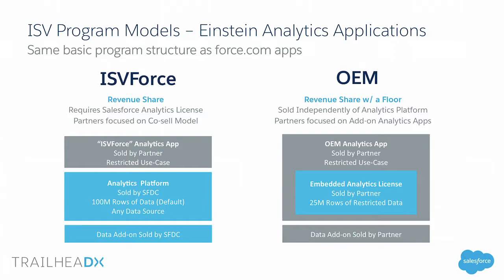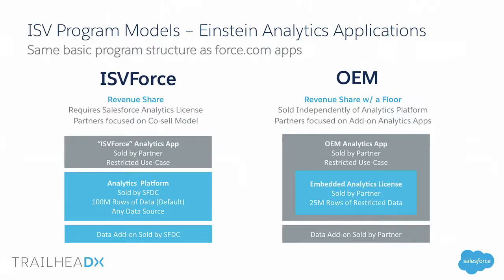One is what we call ISV Force. This is for partners who are selling to a joint customer that Salesforce already has, so they already have, in this case, Einstein Analytics. You are just building your dashboards, your IP, your analytics template, and distributing it to them.